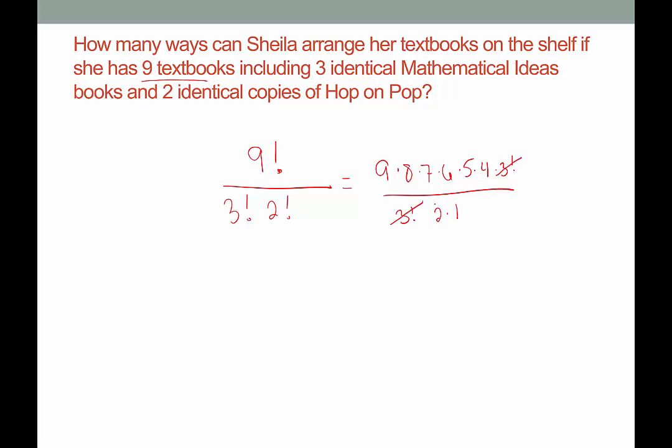The 3 factorials cancel, 2 cancels with 4, but there remains a factor of 2 in the numerator. And so what we'd be dealing with is 9 times 8 times 7 times 6 times 5 times 2. If we did that in our calculator, we end up with 30,240. So there'd be 30,240 unique ways for Sheila to arrange the textbooks on her shelf, or actually just the books. I'm pretty sure Hop on Pop is not a textbook. Arrangements.